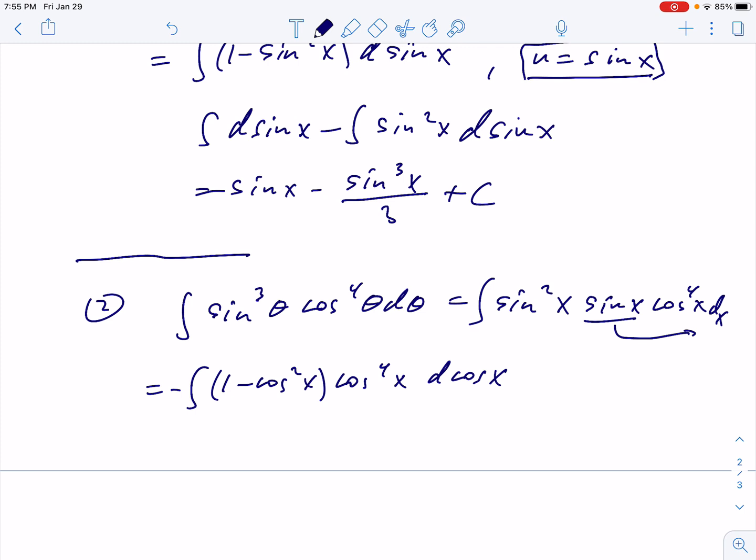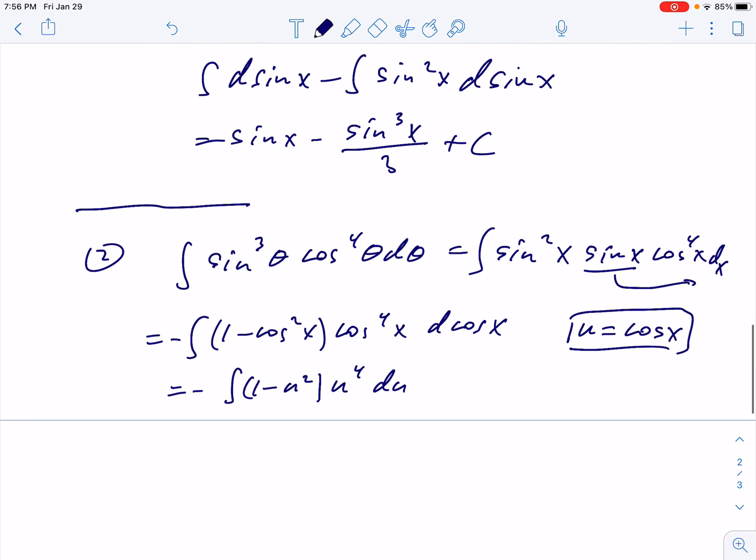Now you can think of cosine x like a new variable. Why don't we just use another letter for convenience instead of rewriting every time? We then don't have to do the du separately because it's already here. Written in terms of u, this will be negative 1 minus u squared, u 4th power du.